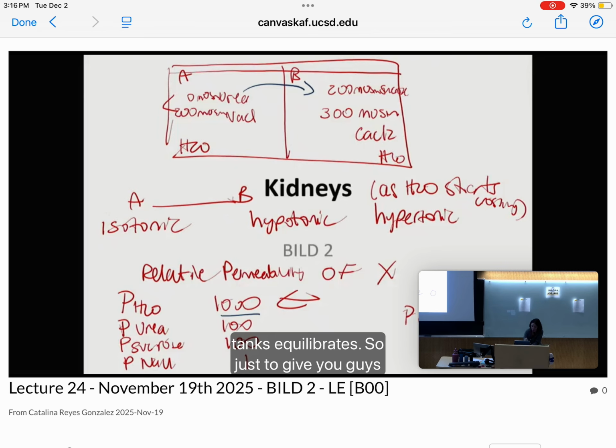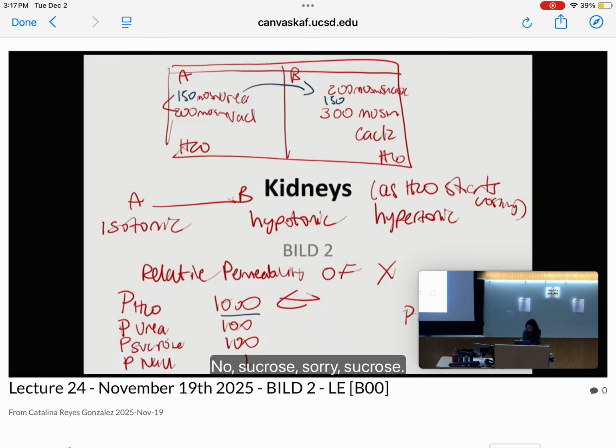Just to give you numbers, it was 300 here, so let's say we're going to have 150 urea here and 150 urea here. What about glucose? No, sucrose, sorry, sucrose.